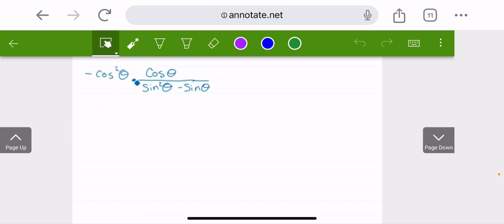So we have negative cosine squared times cosine gives us cosine cubed of theta over our denominator of sine squared theta minus sine theta.